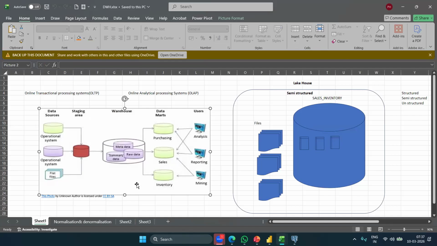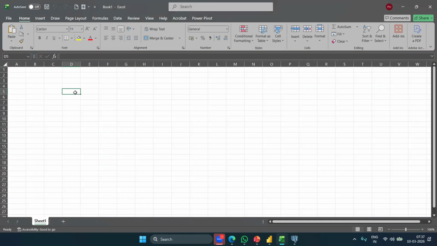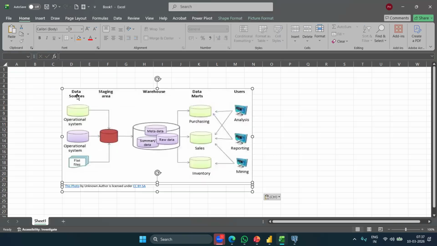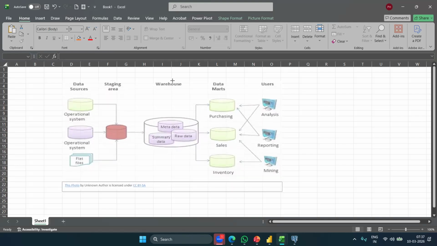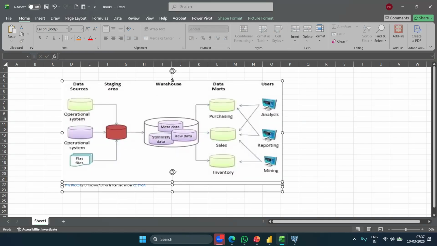This is the one, right? Now, if you see this particular diagram, whatever we discussed now, I just want you to correlate this.